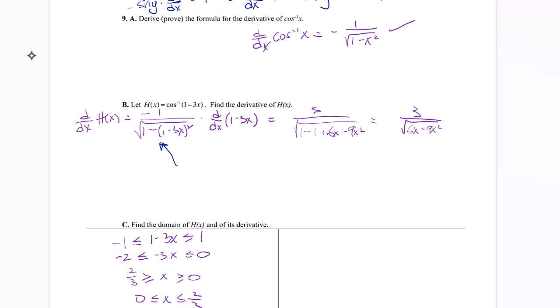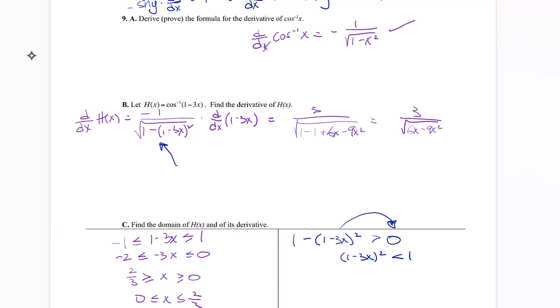Since that's in the denominator, I need 1 minus quantity 1 minus 3x squared to be bigger than 0. Not bigger than or equal to, just strictly bigger than 0. If that quantity is bigger than 0, that's equivalent to saying 1 minus 3x squared is less than 1, if we just move this to that side.